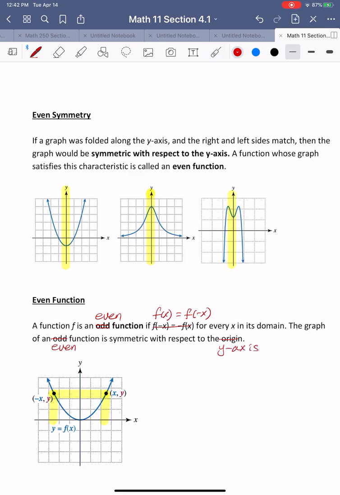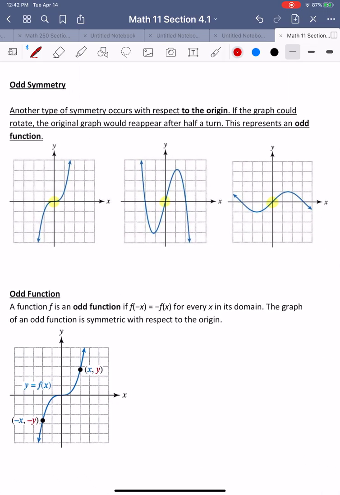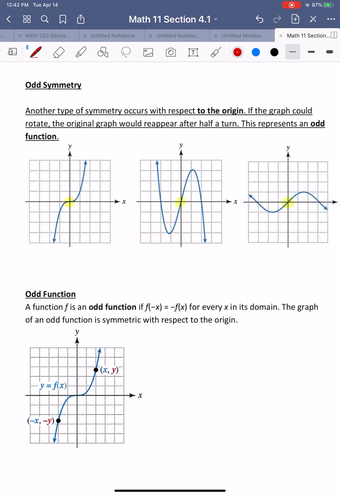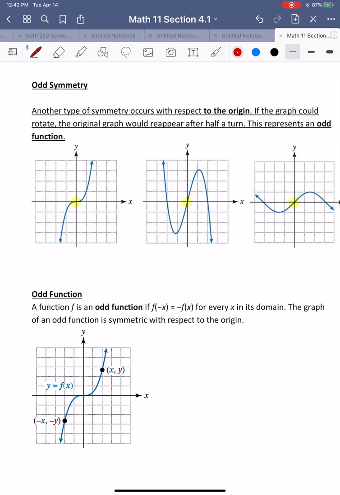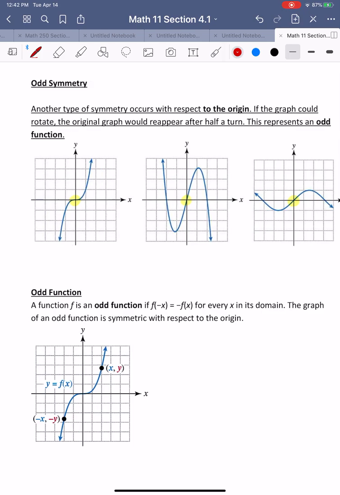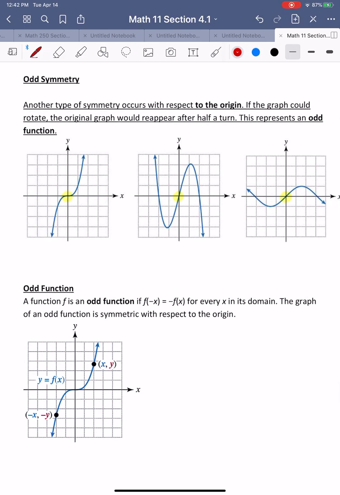Sorry about that, this is a correction. So that's a graph of the even functions. There's a mistake here, sorry about that. And the odd function is symmetric with respect to the origin. So odd functions are going to be about this form, and it's symmetric with respect to the origin this time.